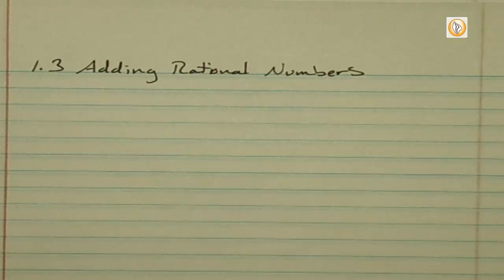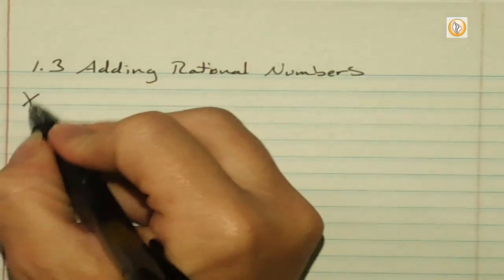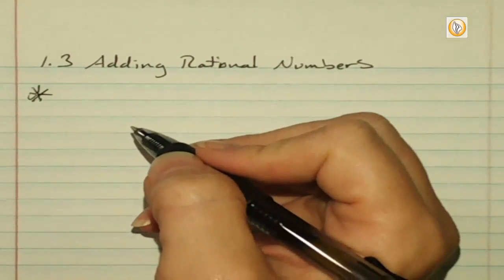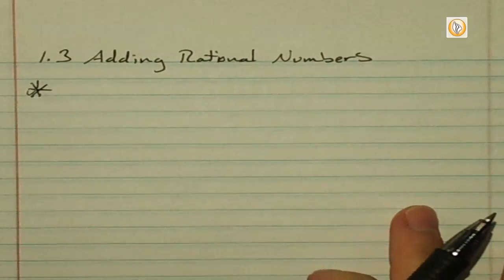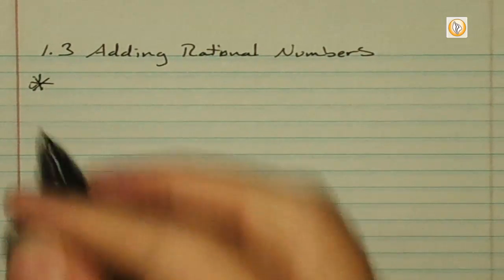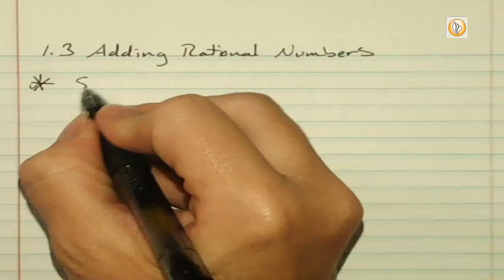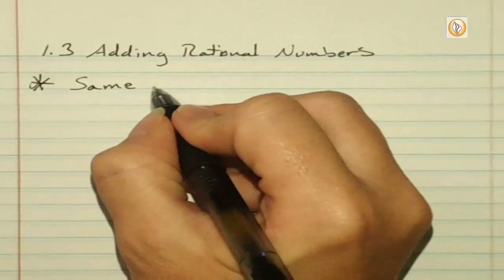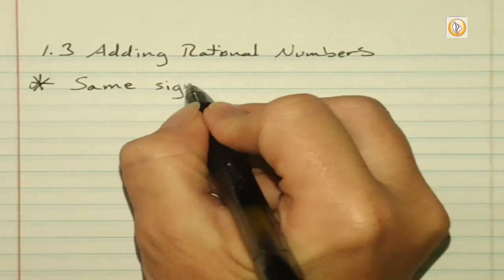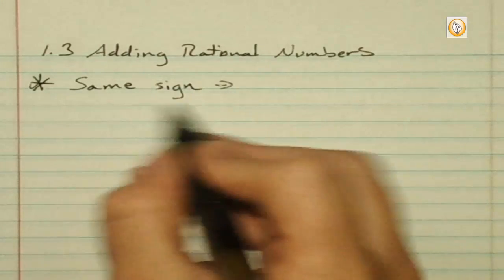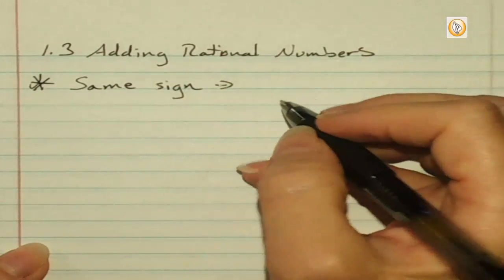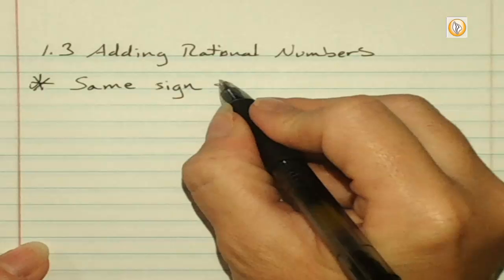Okay, so recap from last year. Adding rational numbers. If the numbers have the same sign, who remembers what you do? Do you add or subtract?